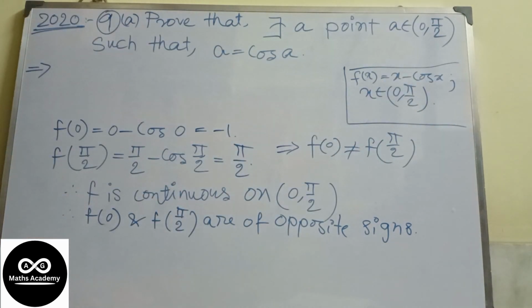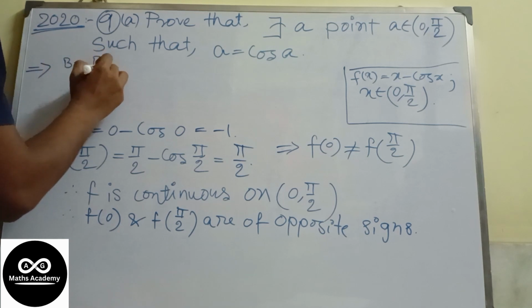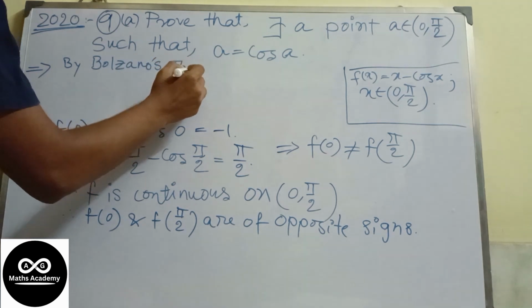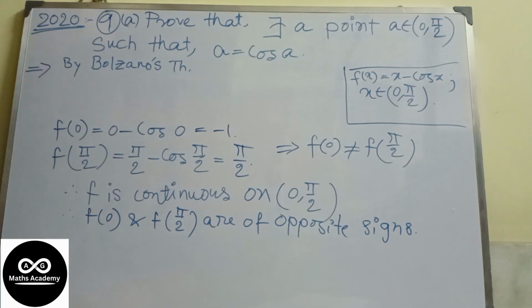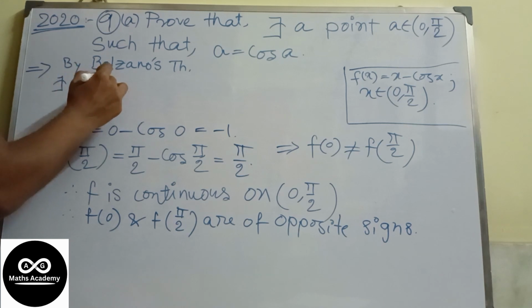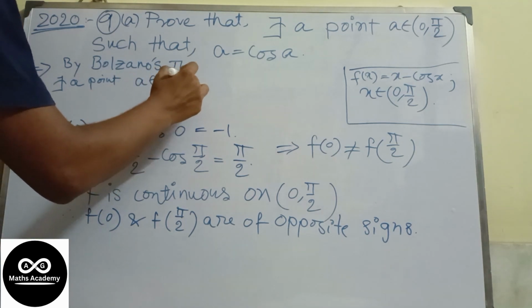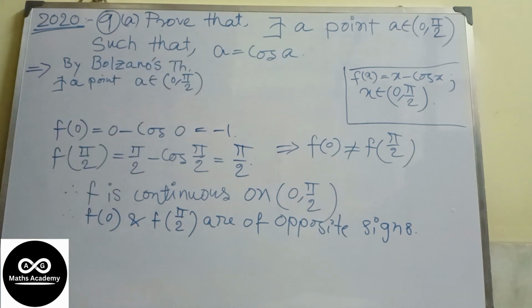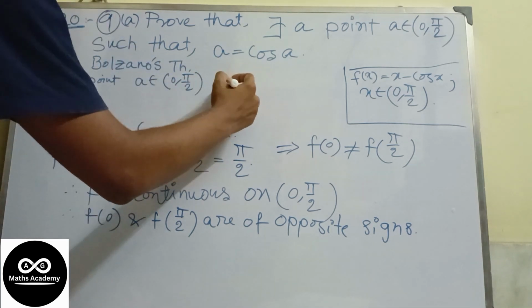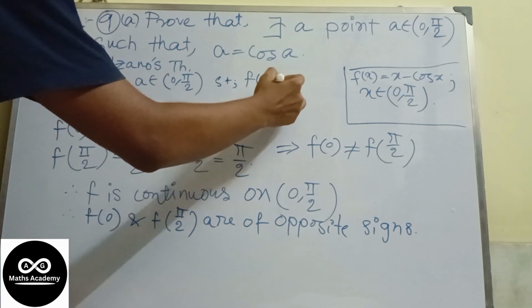Now we can say that by Bolzano's theorem, there exists a point A belonging to 0 to pi by 2 such that f(A) is equal to 0.